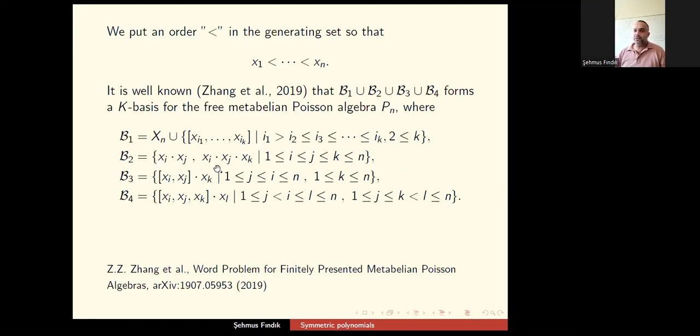You see here, B2 consists of the elements of length 2 and length 3 coming from the polynomial algebra. So working with the symmetric polynomials in KB2 as a vector space is exactly working with the polynomial ones, but the polynomials of length 2 and length 3 only. But B3 and B4 are the new arguments here.